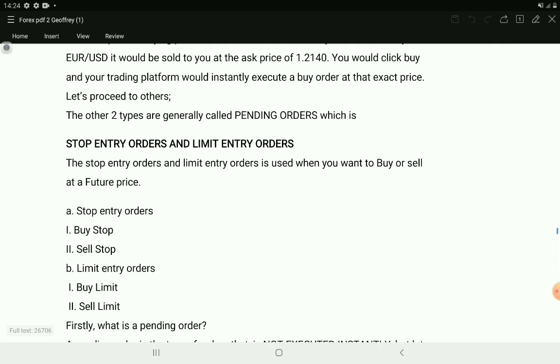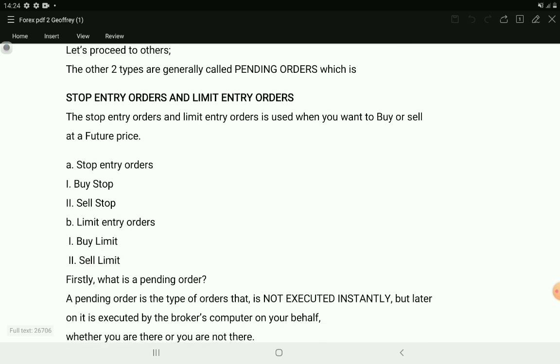Then a stop entry order is an order that you place for the future. If you forecast that the price of the dollar will go up after it breaks a certain point, but you don't want to buy at the market now, you believe that once it breaks a particular zone or reaches a certain price, the market will continue up.